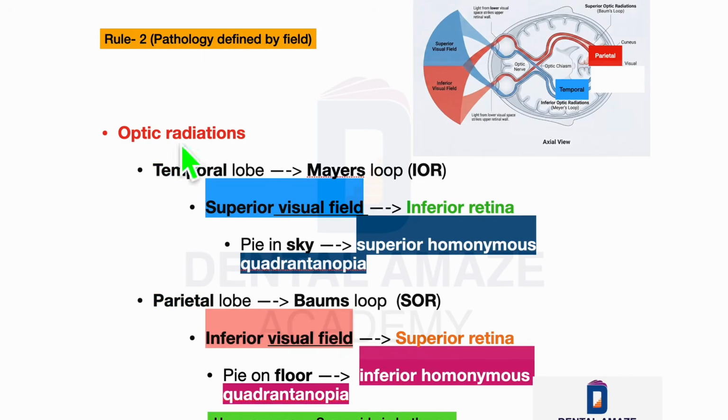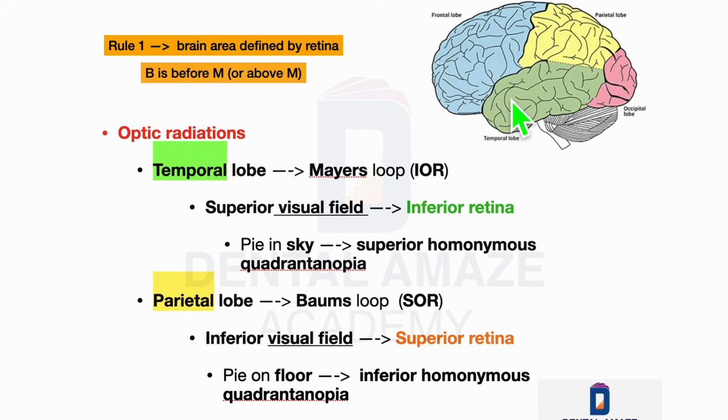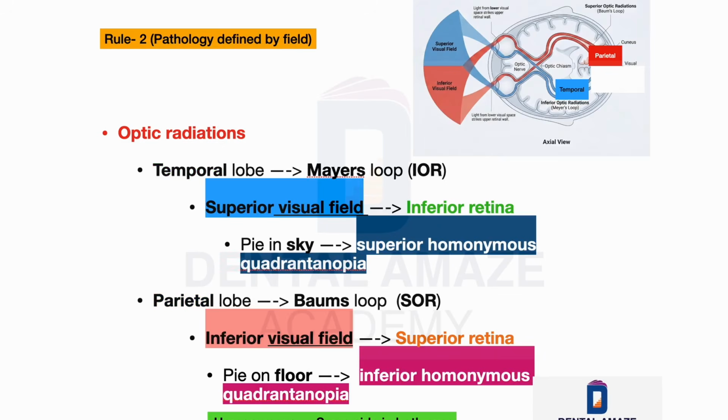Now, pathology is defined by the field. Like I told you, brain area is defined by retina, pathology is defined by the field. Meaning, if the superior visual field is affected, you get superior homonymous quadrantanopia. The pathology is defined by the field, where the field is affected, but the brain area is connected to the retina, temporal inferior.